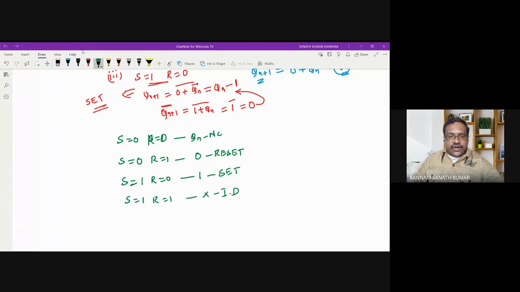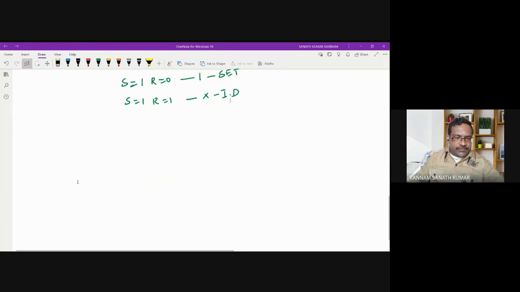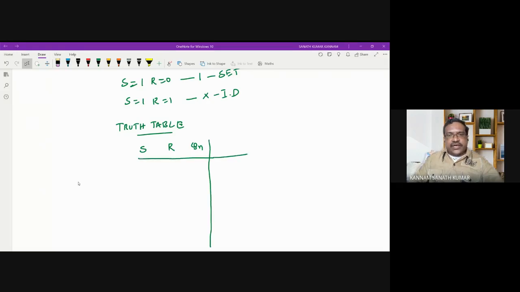Now you can write the truth table for the SR latch, with columns S, R, Qn, and Qn plus 1. Qn is the present state.